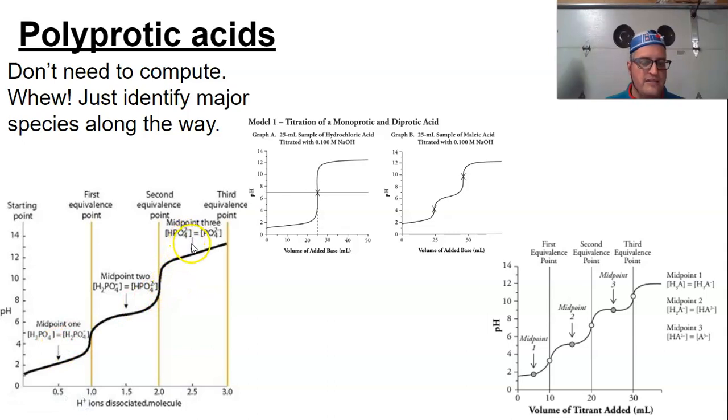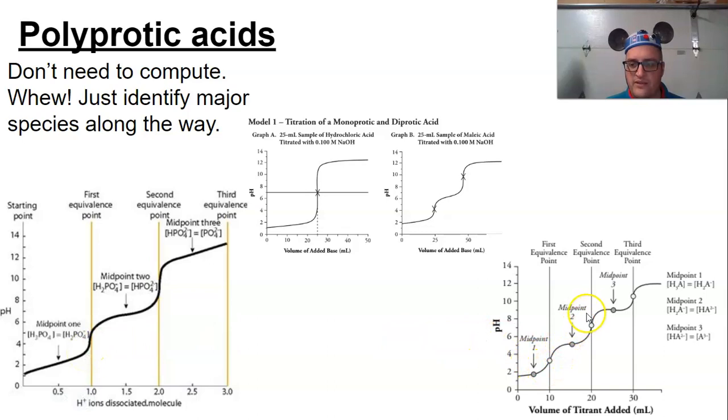But once you go past it, this has the more conjugate base. So there's more PO4 3 minus up there than there is the HPO4 2 minus. Here there's more HPO4 2 minus than H2PO4 minus. Again, more phosphoric acid present than its conjugate base.